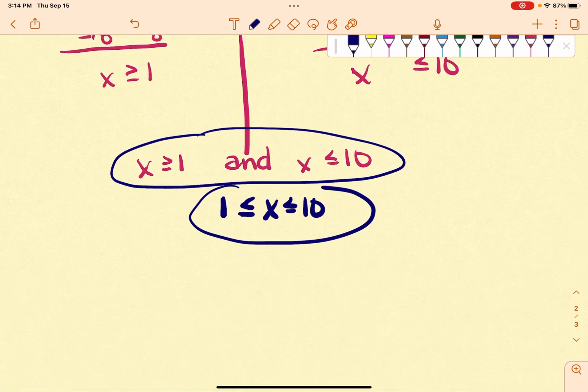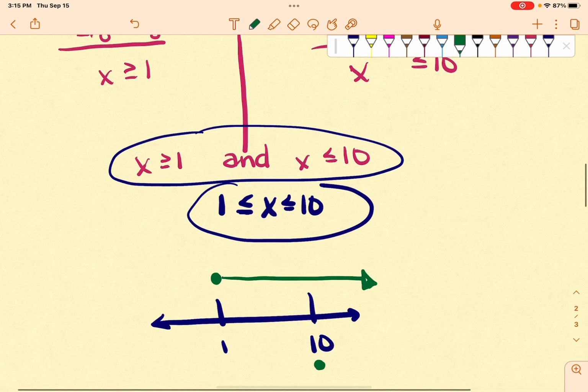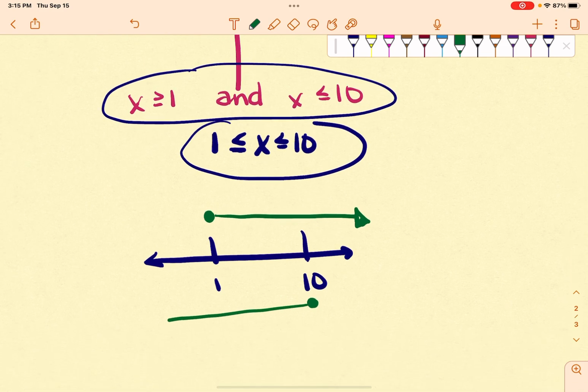Okay, now if I'm going to graph, the two numbers they care about are 1 and 10. Okay, if I'm going to graph this one, filled in circle at 1, it goes in this direction. If I'm going to do this one, this is a filled in circle at 10, and it goes the other way.